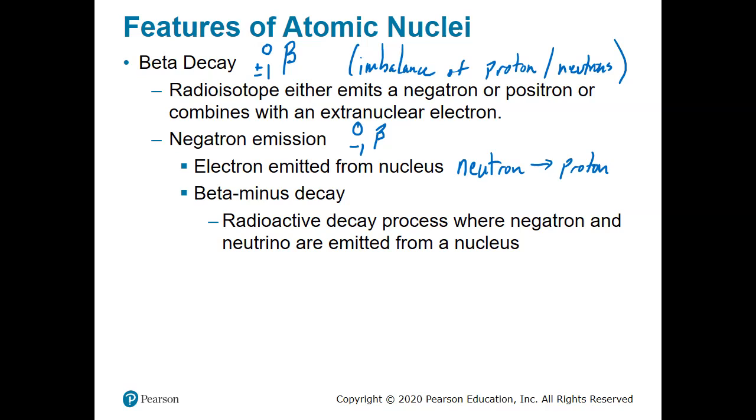And beta decay seeks to get it back in balance to stabilize that nucleus. So negatron emission, we see this primarily when we have too many neutrons. In the process of the negatron coming out, a neutron turns into a proton to try to reshift the balance.